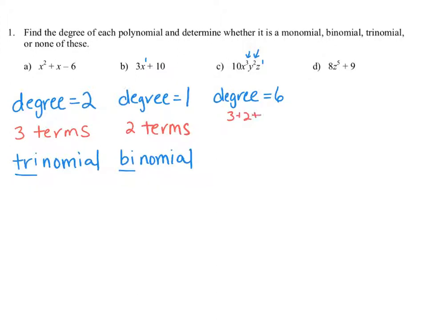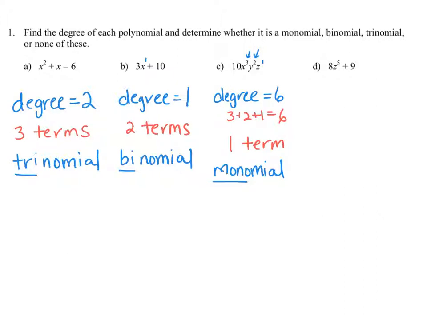And this polynomial has only one term. We're not adding or subtracting any other terms, so since it's a single term, we can classify this as a monomial. Mono means one, singular, so this polynomial has one term, and we can call it a monomial.